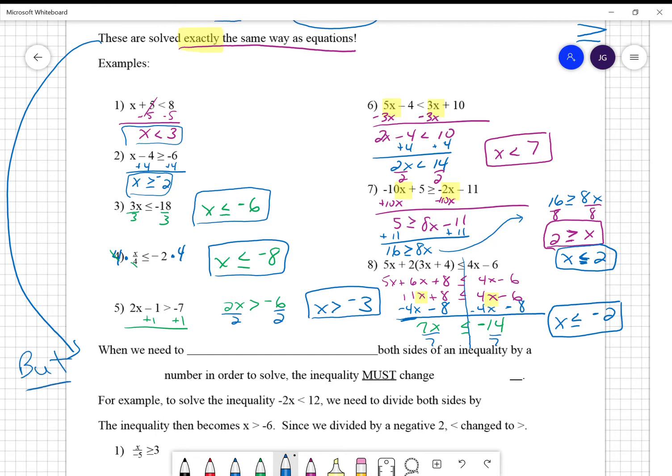When you need to multiply or divide both sides of an inequality by a negative number, the inequality must change direction.